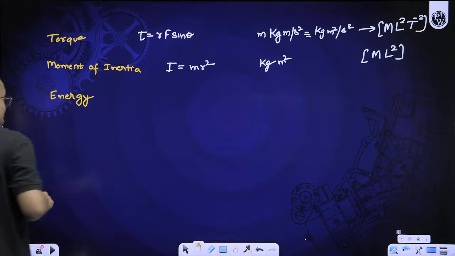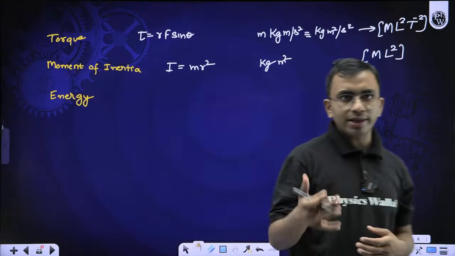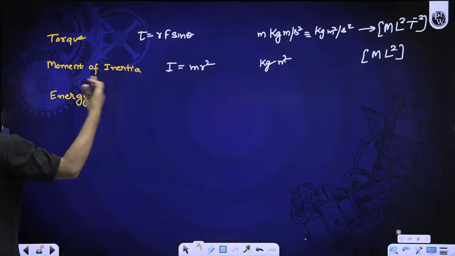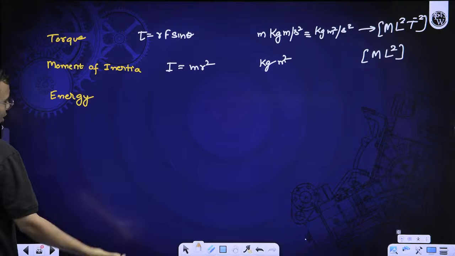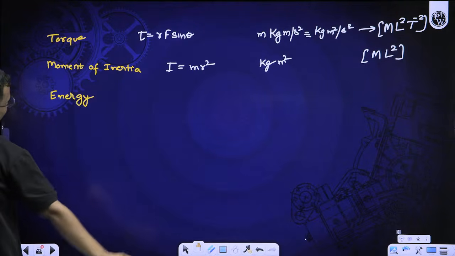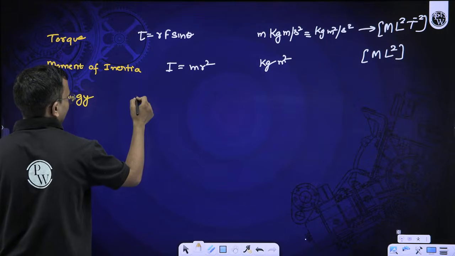For energy, any type of energy, whether potential energy, kinetic energy, or maybe your electrostatic energy, any other type of energy, doesn't matter, energy will have the unit of energy only. Now let us write a formula for potential energy.